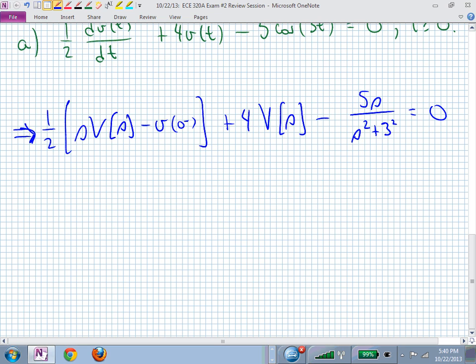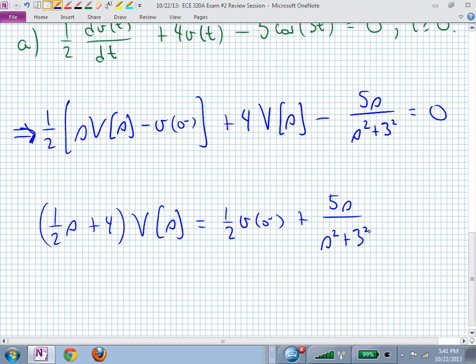But now you're trying to isolate all the terms that involve this capital V of s, because that, when you inverse Laplace transform, that's the structure that you want. You want the little v of t's time domain waveform. If I combine those, I now have a 1/2 s plus 4 times v of s equal to, let's say, a 1/2 v of 0 minus plus a 5s over s squared plus 3 squared.